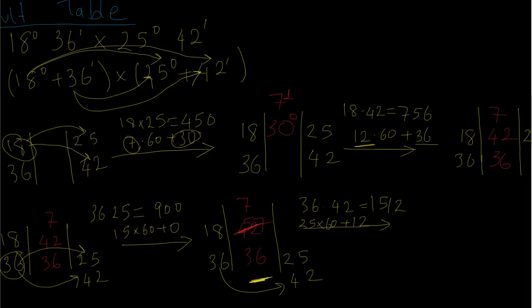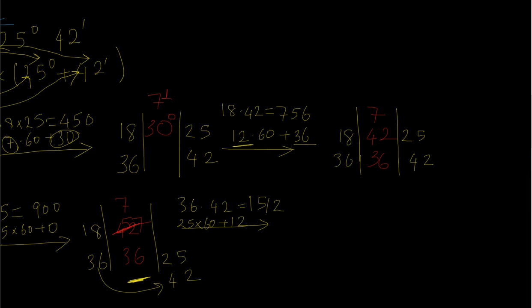Alright, so let's do that. Since this is the very last step, I will only write the middle column. The content of the middle column was 7, 57, 36. Now we need to add 12 here, but then we need to add 25 to 36.